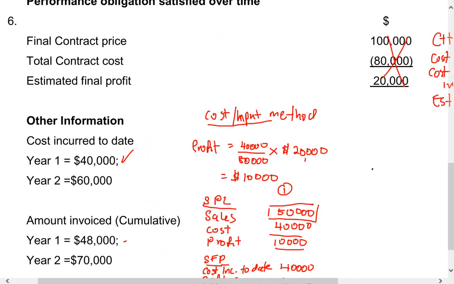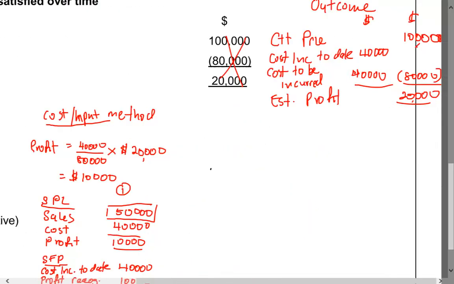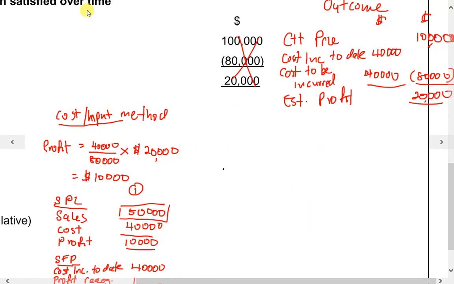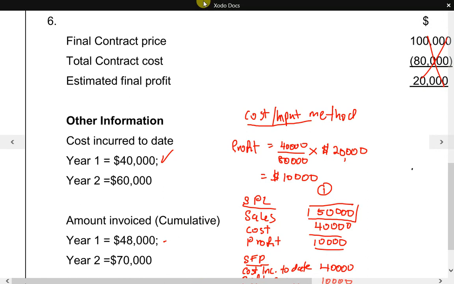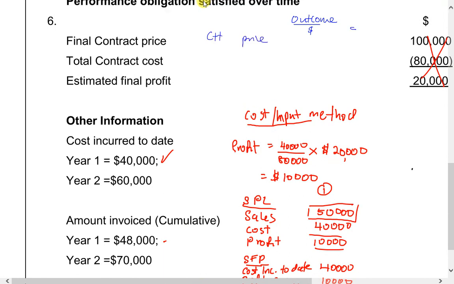We must first determine the outcome because this is first year outcome. Second year, contract price. If no change, then 100,000. Cost incurred to date, second year, 60.